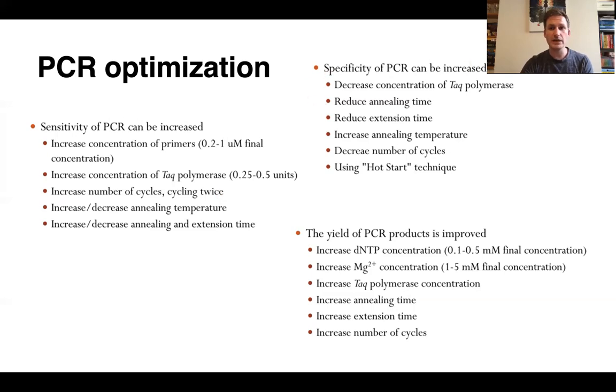You can increase the specificity through these steps, like reducing the temperature, the time it takes for these temperature steps, or decreasing the number of cycles, or using what's called a hot start technique.